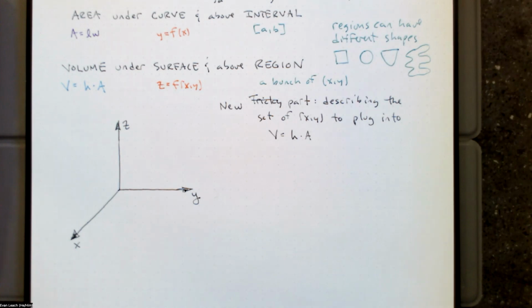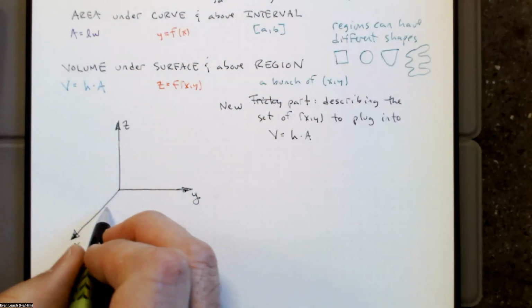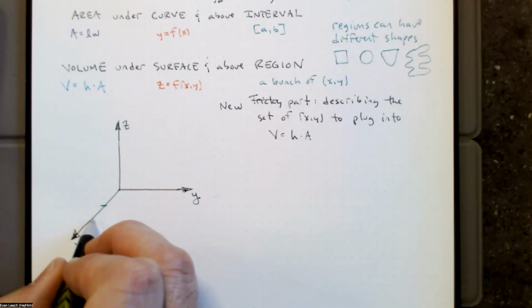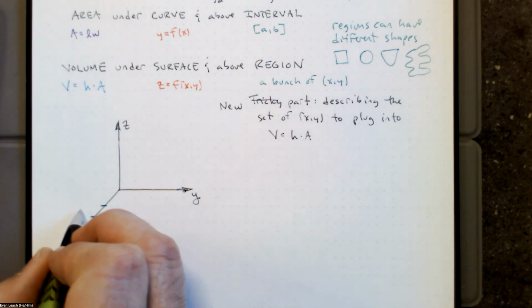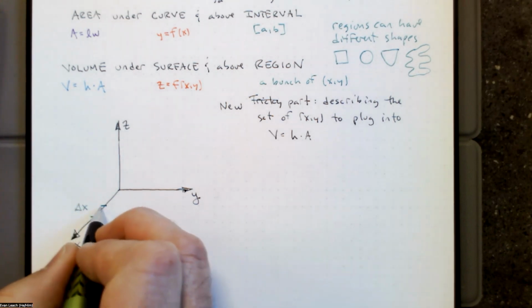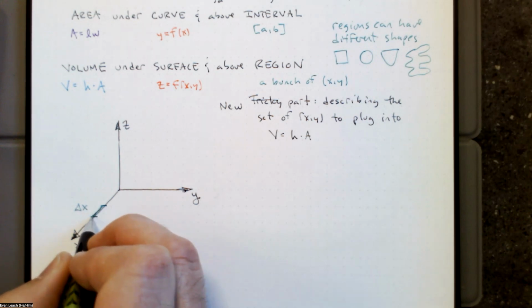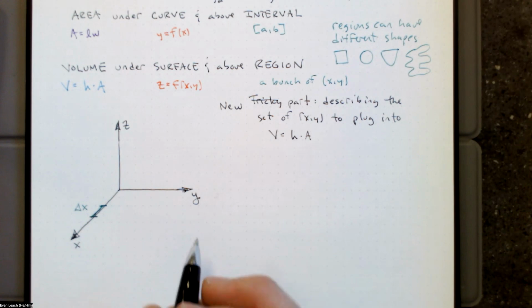So remember what we're going to be thinking about. We're thinking about some function of two variables, which is going to be some surface. We're going to look at a little piece of that surface. We're going to apply the same thinking. We're going to assume that for some small change in x and some small change in y, the function is constant, that the surface is flat.